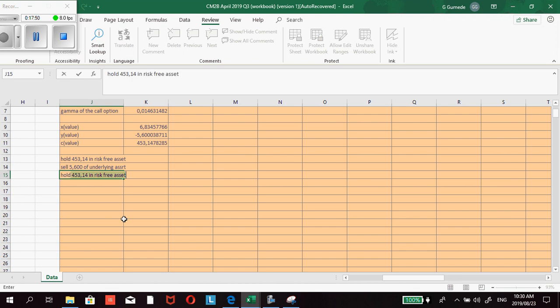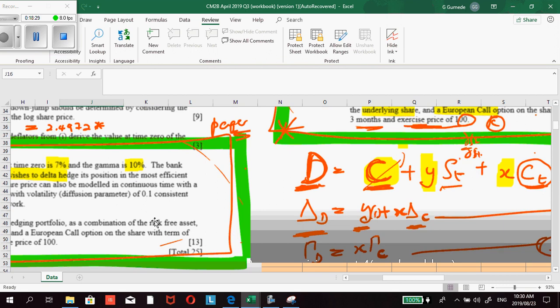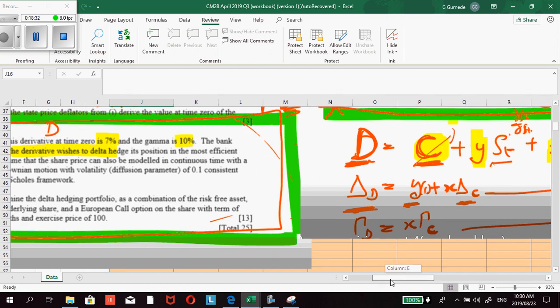And I'm going to hold 6.83 for 5 European call options. So there is my delta hedging portfolio.